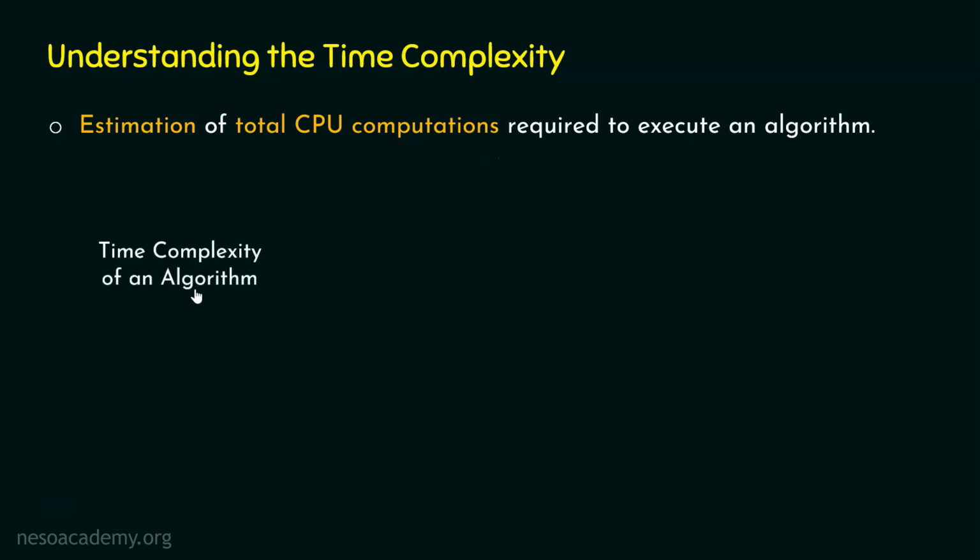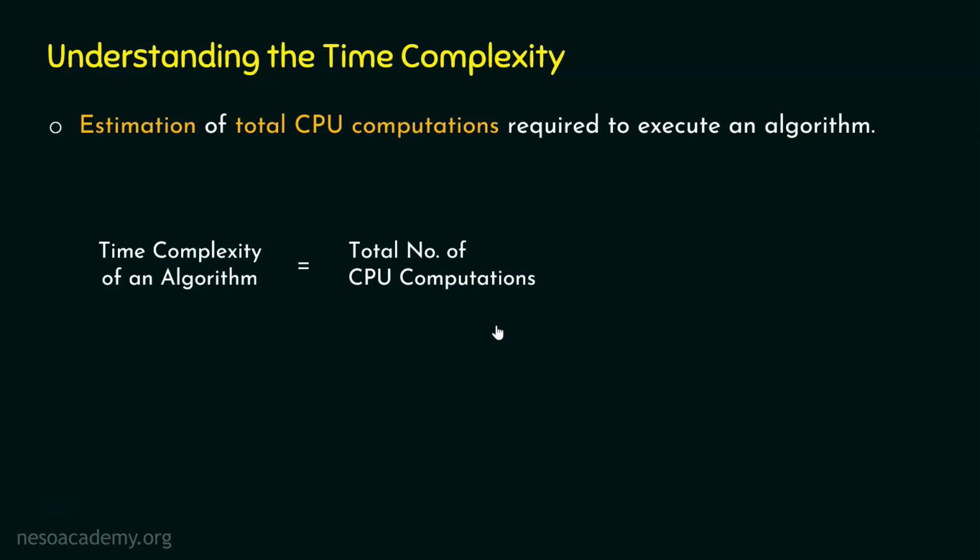We now know time complexity of an algorithm is equal to the total number of CPU computations. But the question is, how do we know the total number of CPU computations of an algorithm? We can calculate it by using the method which we call the frequency count method.